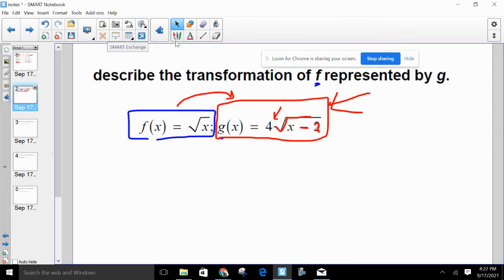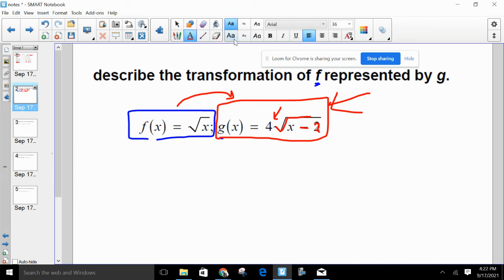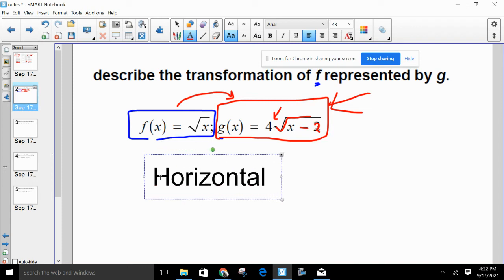Watch me type it in. So this is a horizontal shift 2 units to the right.